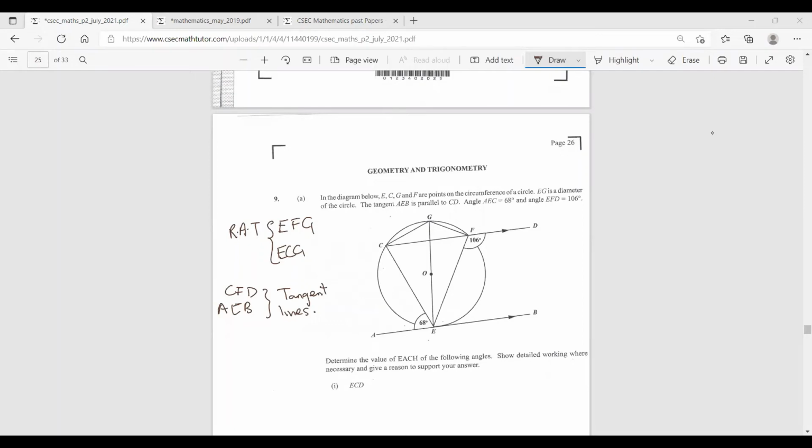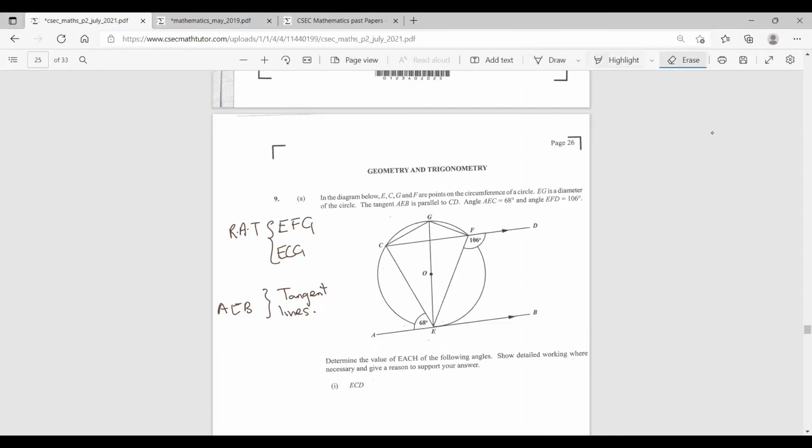Then we have this is the definition for tangent. Yes. So AEB is a tangent line.